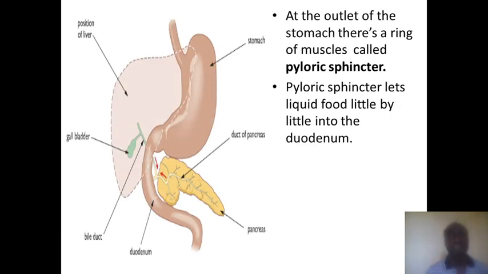As you can see, here is the structure of the stomach. At this outlet, there is a ring of muscles called the pyloric sphincter. The work of the pyloric sphincter is to let the liquid food come out of the stomach little by little into the small intestine here.